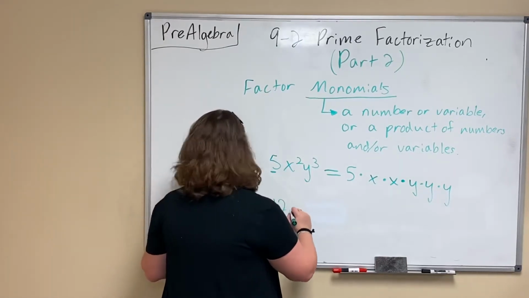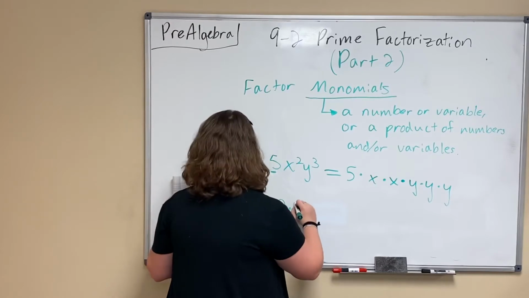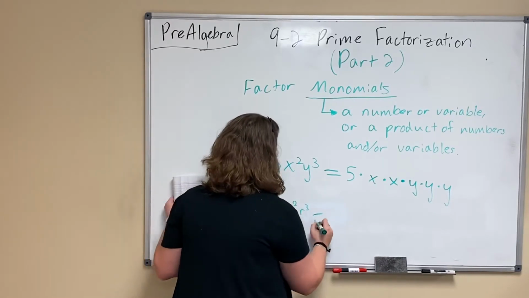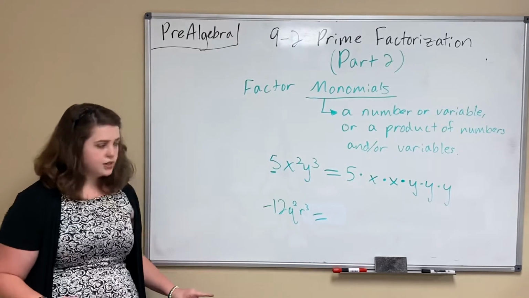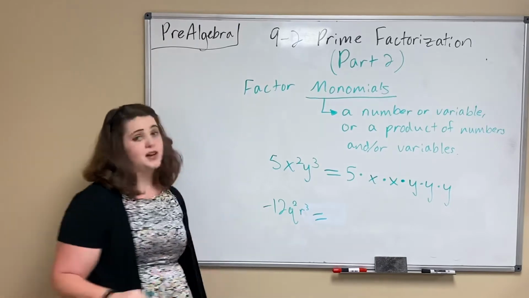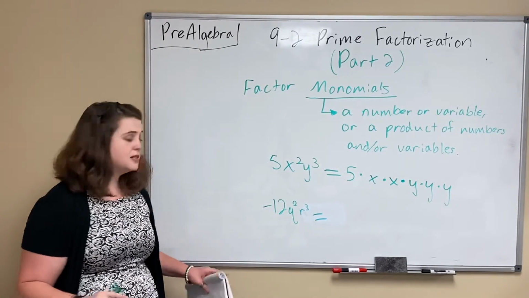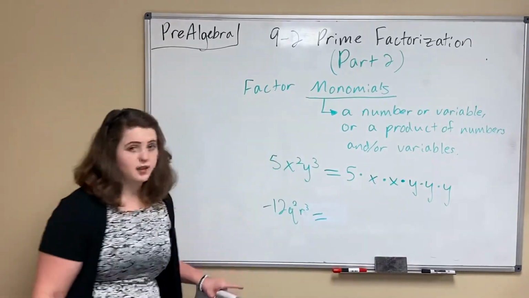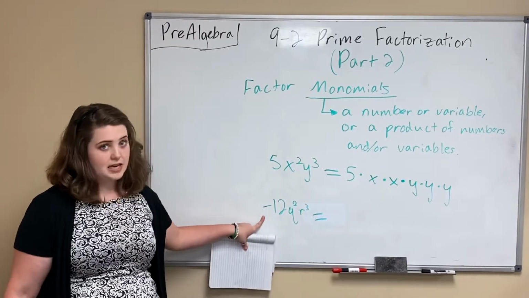Let's look at one more. Minus 12 q squared r to the third. Now the first thing we should notice about this is that it's got a negative sign at the front of it. That means that whatever our prime factorization ends up being, we have to have something that's going to make it negative.